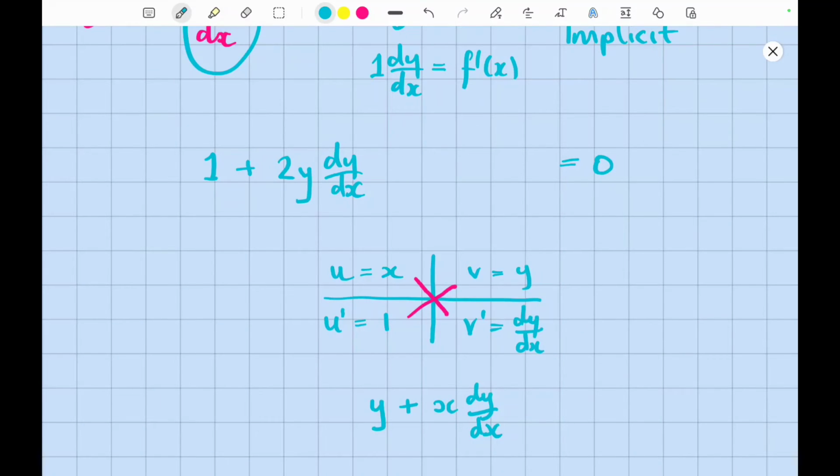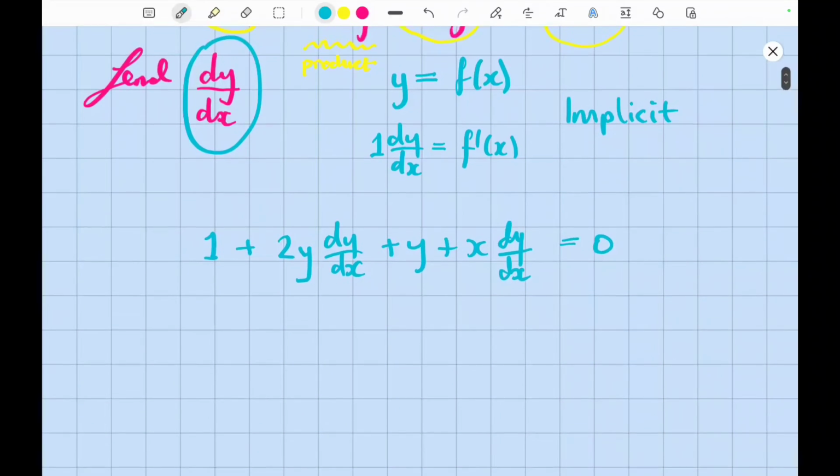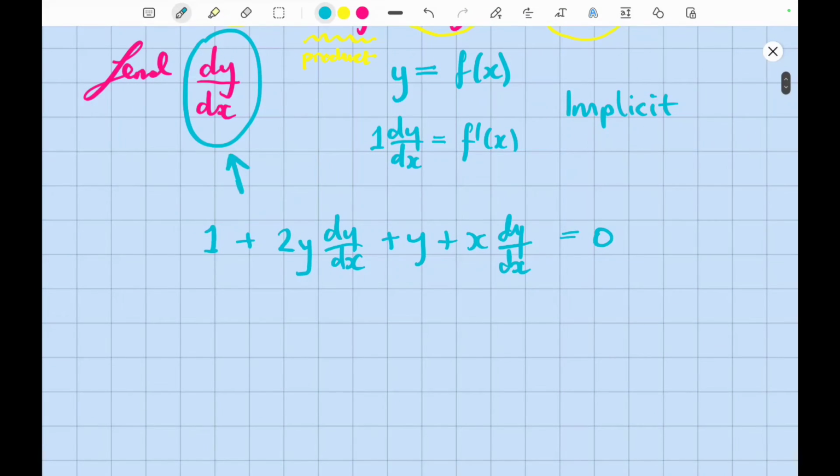So that's going to now go up into our question. So plus y plus x dy dx, and for the sake of this I'll get rid of all of that. Now we don't have dy dx. This was the focus up here, right? Was find dy dx, and it's actually here, isn't it?